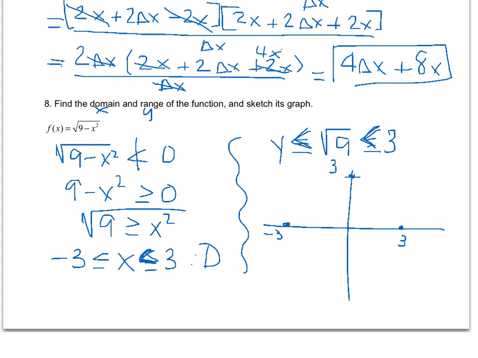So if I were to square both sides of the original problem, I would get y squared equals 9 minus x squared. And hopefully you guys would all realize that that is a circle, but as soon as you take the square root of it, you only get the positive piece of the circle.